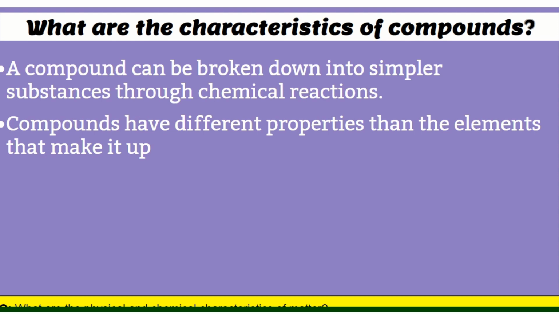The hydrogen is a gas, and oxygen is a gas, but when they're combined in a chemical reaction, it makes a liquid, water. So 2 gases have one property, and it makes a liquid which has totally different properties. Okay, compounds have different properties than the elements that make them up.